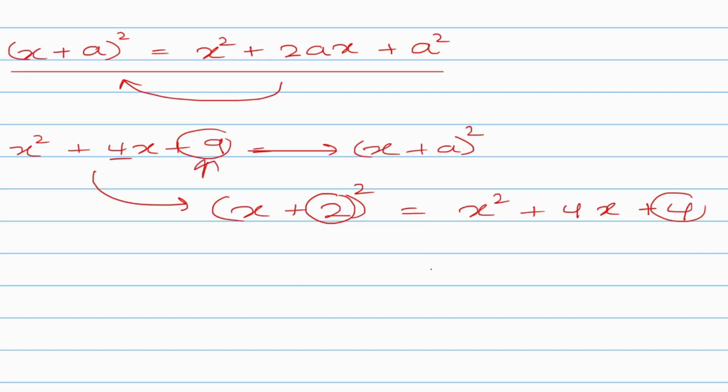So what we can do for that is, our goal is to get 9 over here. So what we do simply is x squared plus 4x plus 4, we subtract 4, add 9. The 4 gets cancelled by subtracting 4 out of it, and we are left with this 9.